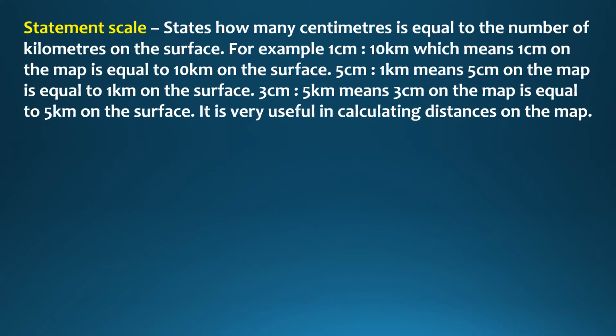For good measure, 3 centimeters to 5 kilometers means that 3 centimeters on the map is equal to 5 kilometers on the surface. Now a statement scale is useful to us because it allows us to calculate the distances that are on the map.